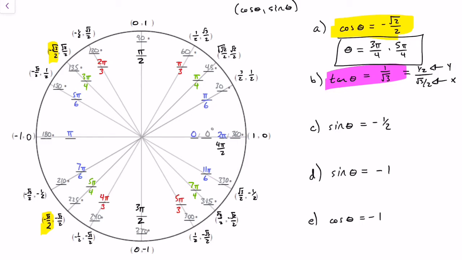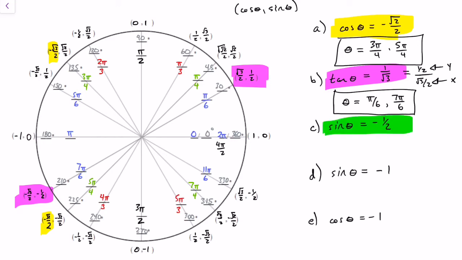So we're looking for points that have coordinates root 3 over 2, comma 1 over 2, but because it's divided, it's either two positives or two negatives. So there's two locations with coordinates root 3 over 2, 1 over 2, or it could have been negative root 3 over 2 and negative 1 over 2 because they both would have canceled out. So that means there's two possible solutions on this one, pi over 6 or 7 pi over 6.